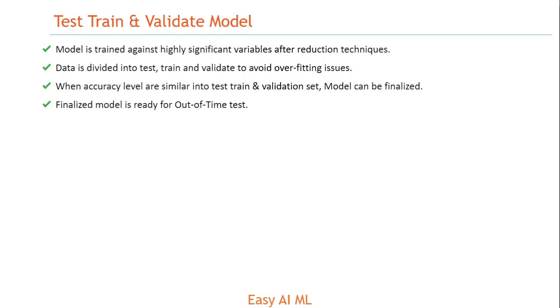So to have a stable model, the accuracy should be similar in the test, train and validate data sets. When accuracy level is similar in all these validation sets, the model can be finalized.